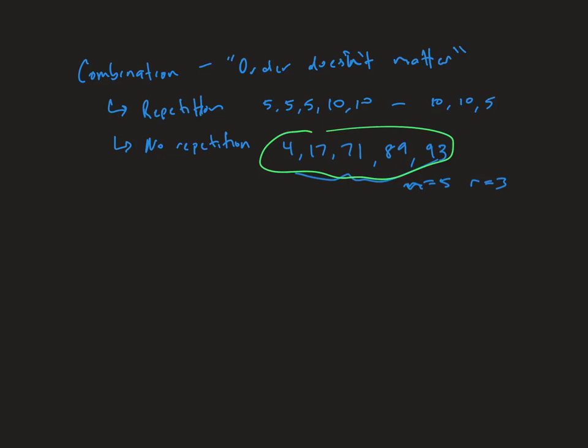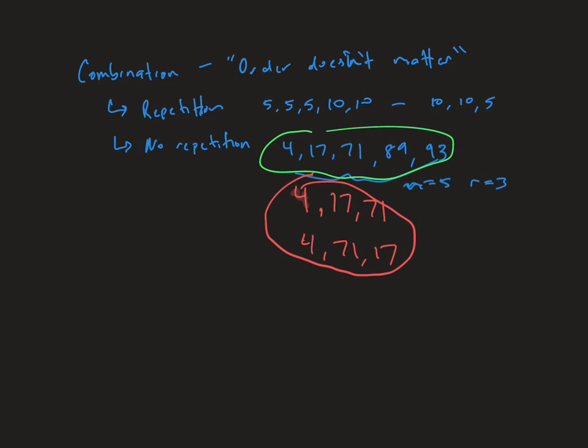It wasn't like we had 4, 17, 71, and that was a completely different group from 4, 71, 17. These are the same group because order does not matter. So the order of these 3 numbers is irrelevant. They're all the same group, which is why we would call them a combination.